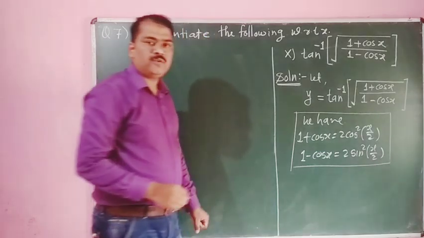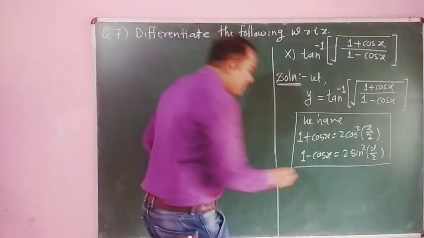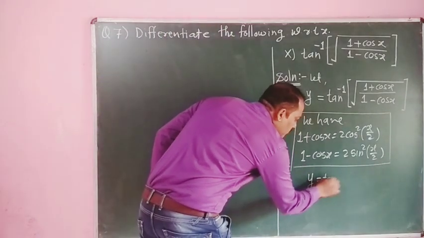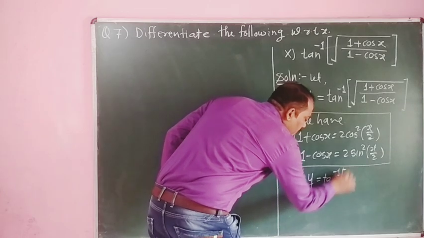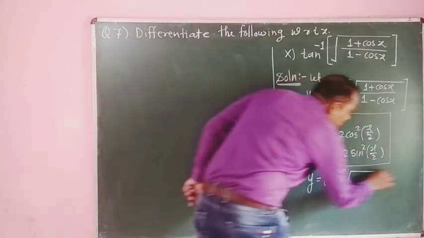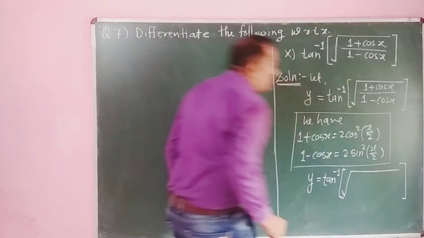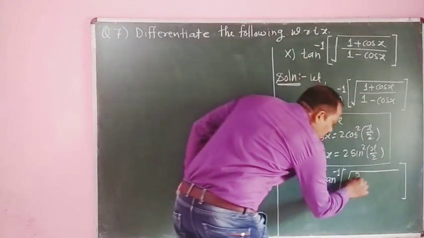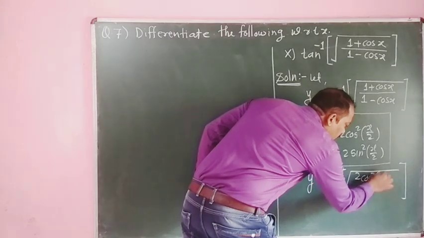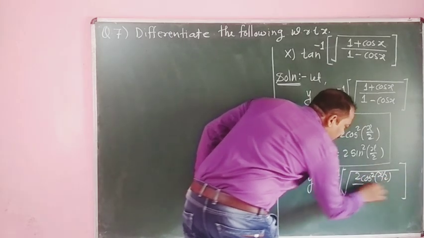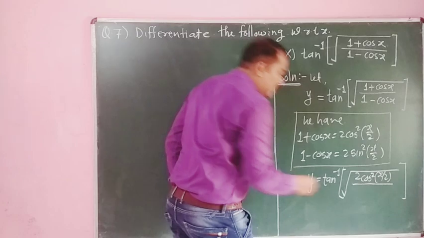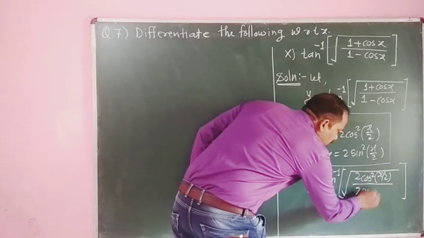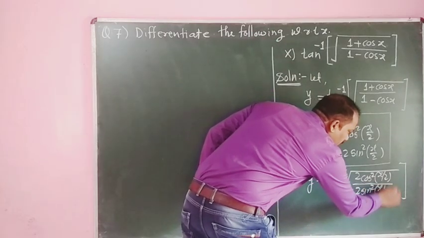These formulas we have to use. So y is equal to tan inverse of root of 2 times cos square x by 2 divided by 2 times sin square x by 2.